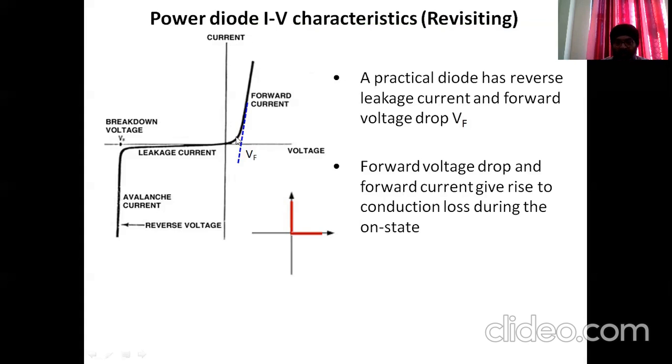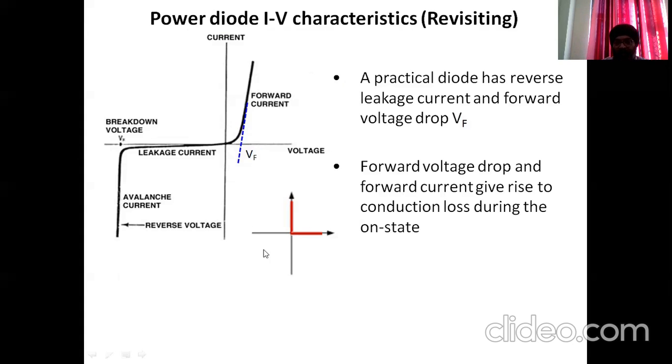Then the current starts to flow in the diode, meaning the diode turns on after the threshold, and exponential growth of current happens. The same is true for the reverse bias diode as in the signal diode, so the IV characteristics are similar. The only thing is that the voltage levels and current levels are different.